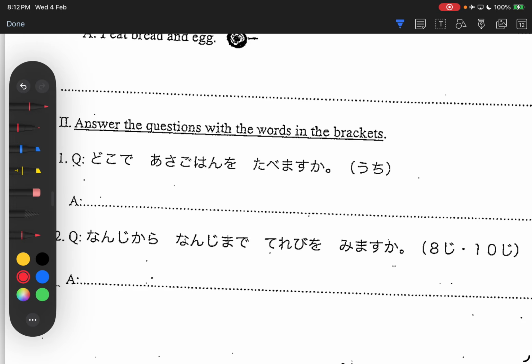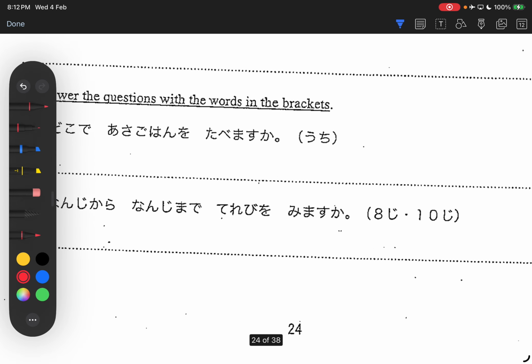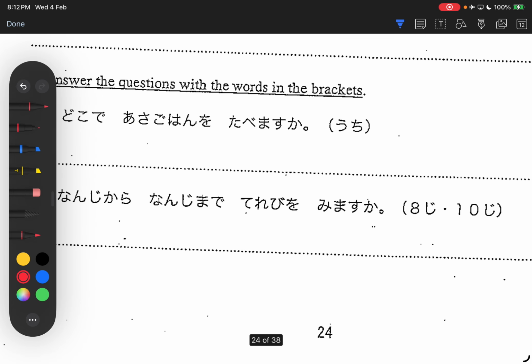8時から10時まで。 テレビを見ます。 But if I don't want to say the kara, can I say 8時まで10時にみます? That means, no, I start from 8 until 10.